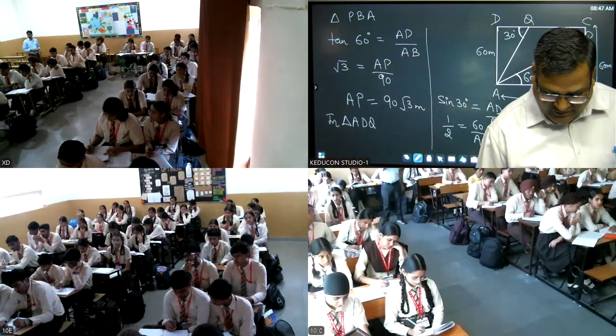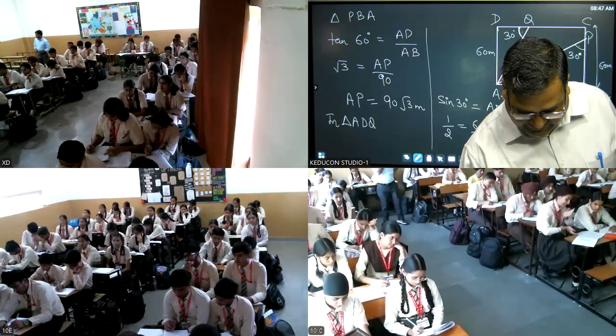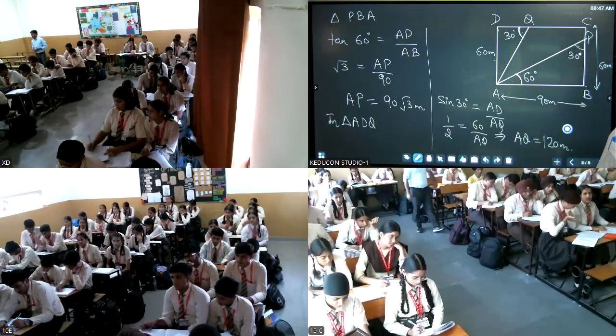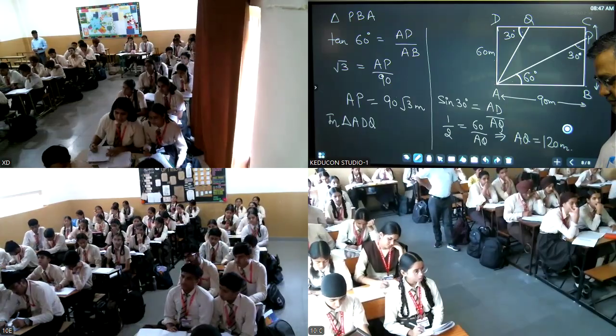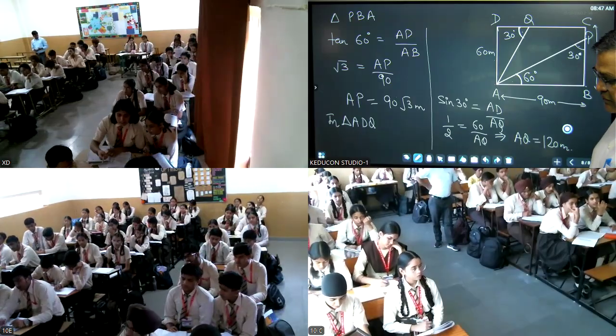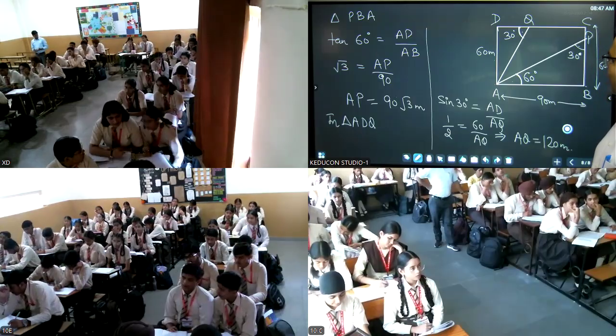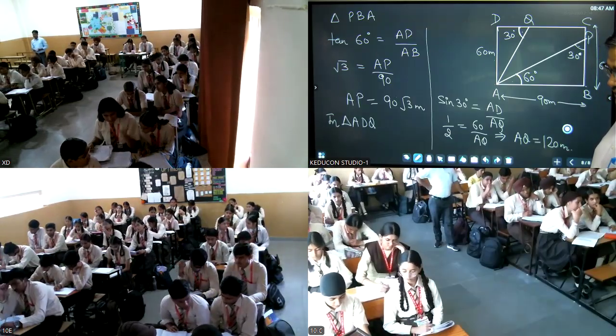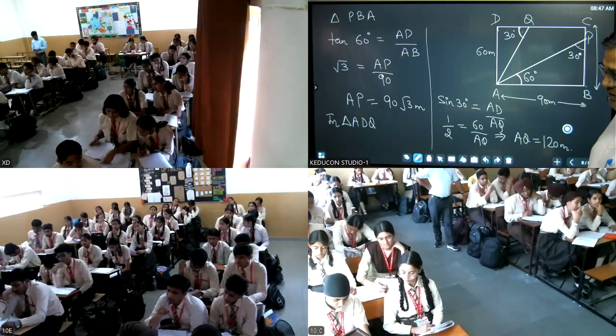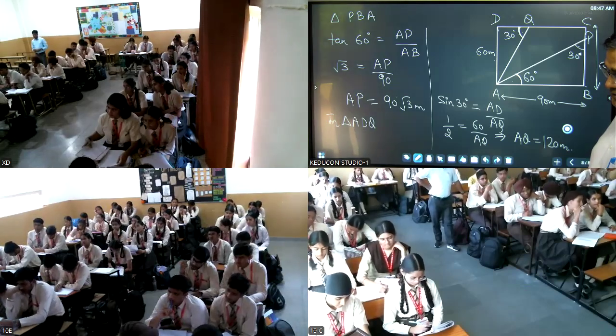Just look at the choices. Do we have any choice? Here we have applied tan 60 for AP. No, we will not have any choice. So AP is this 30 degree.